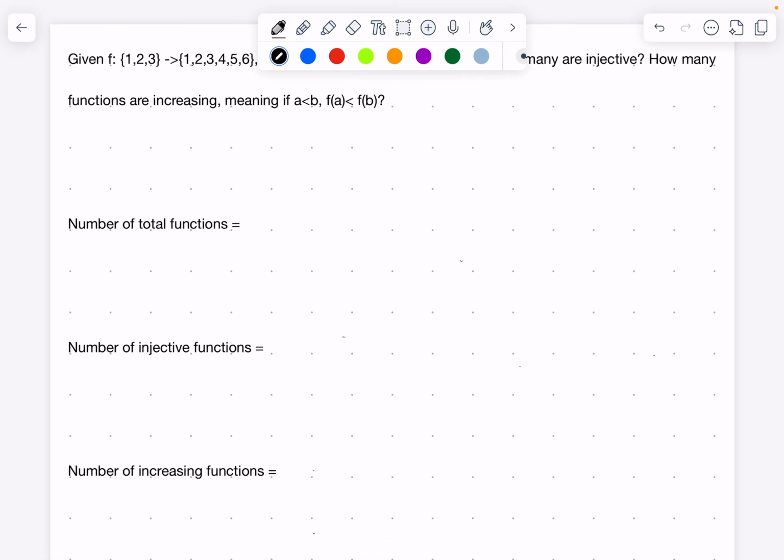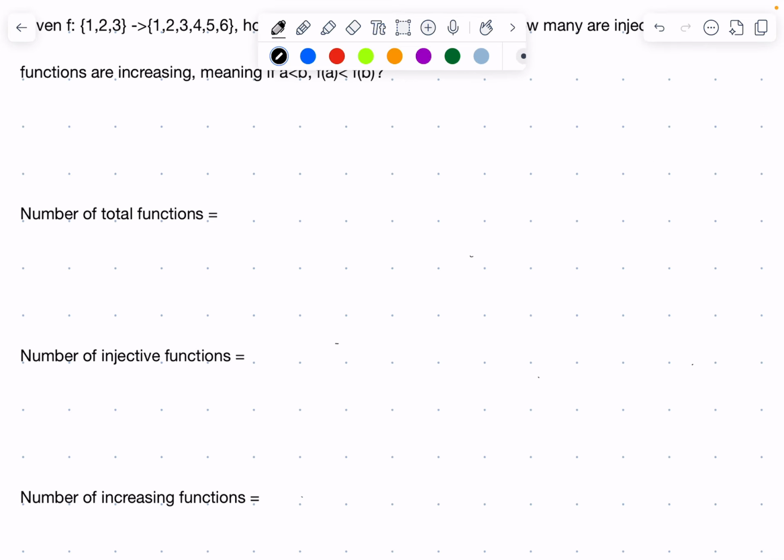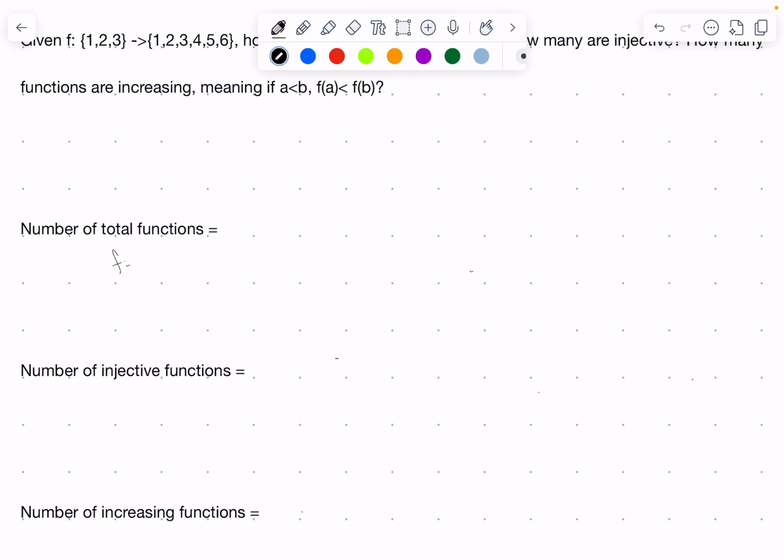Another way we can think about this is two-line notation, where f equals our inputs, which are 1, 2, 3, and some combination of outputs from 1 through 6. I like to think of this as we have 1 through 6 total options for 1, so 6.